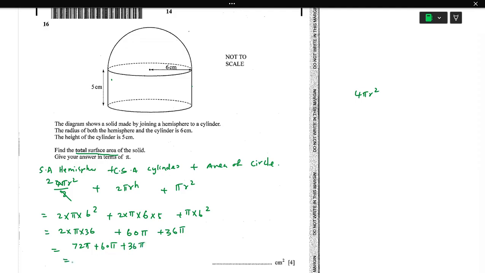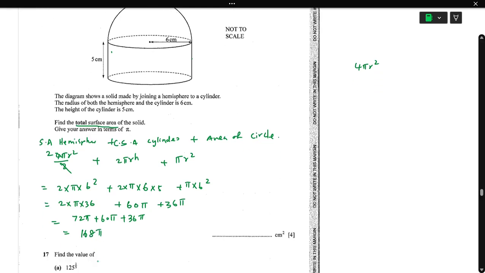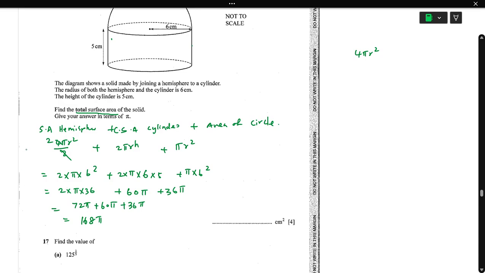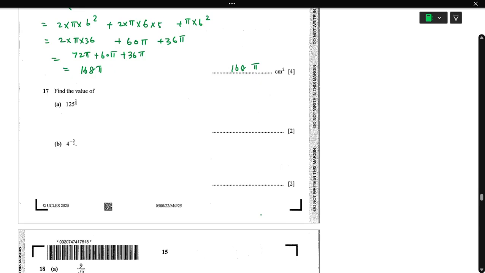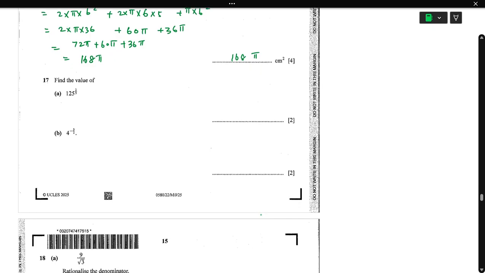The answer is going to be 72 plus 60 is 132, plus 36 is 168, 168 pi. Final answer, they said give your answer in terms of pi, so we can leave the answer as 168 pi.